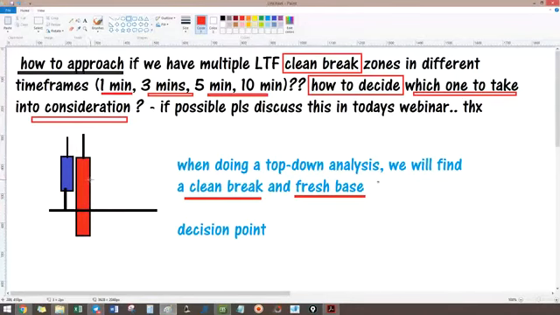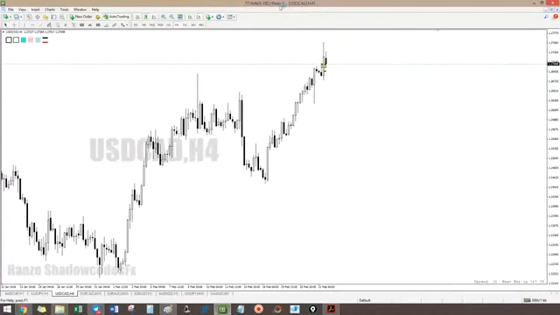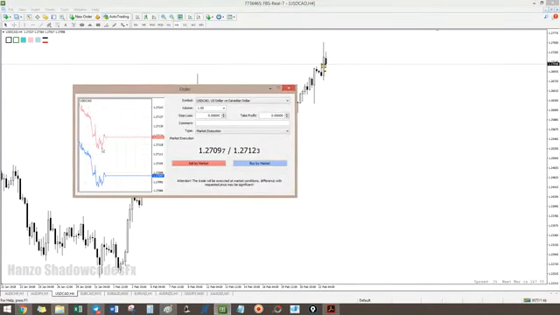Actually, in maybe a 1 second chart, you will see a decision point. We have a limitation with our MetaTrader 4. It can only go until M1, the smallest one, and we only have limited access to the 1 second tick chart.